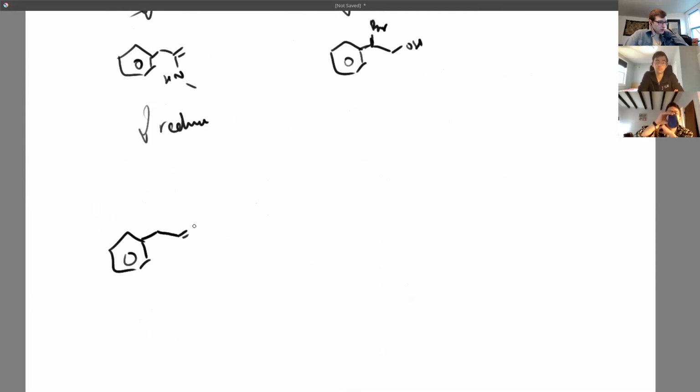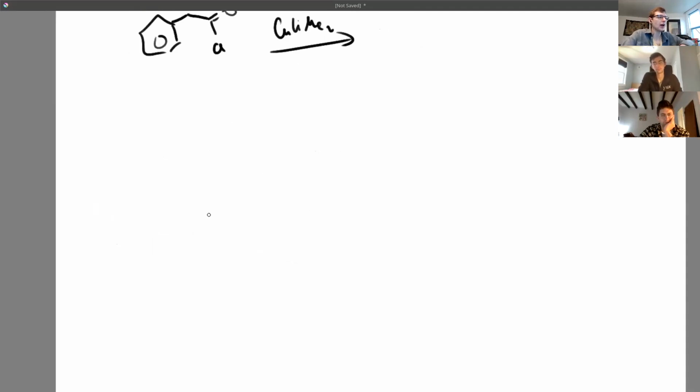So let me just redraw the whole thing. Can we go through the difference between organocuprates and Grignards and which reactions we use those for? Yes. So organolithiums or Grignards, for almost every case imaginable, they're exactly the same.